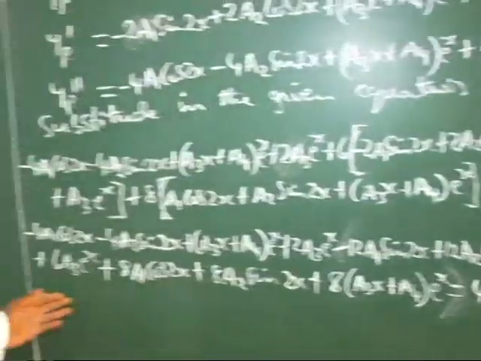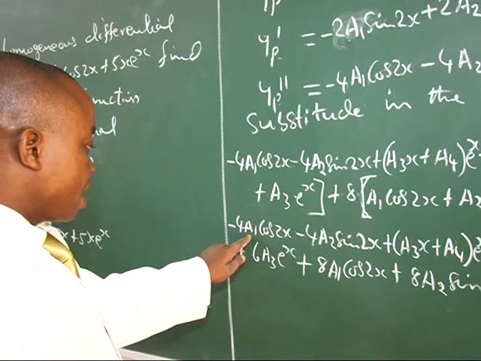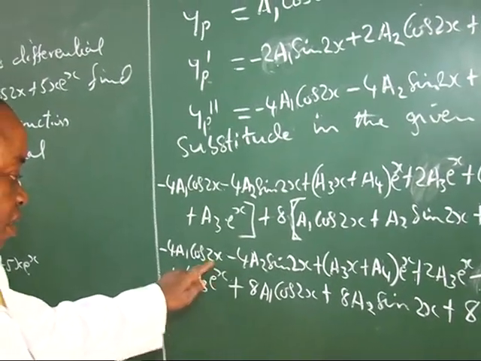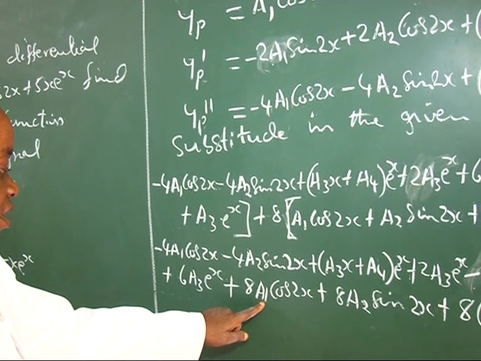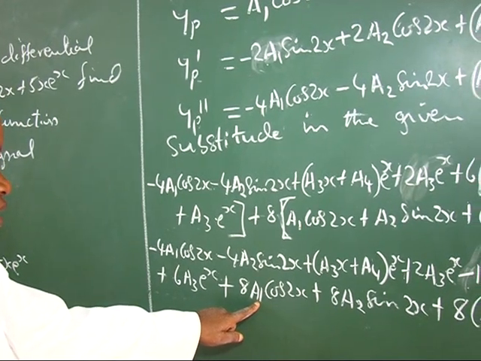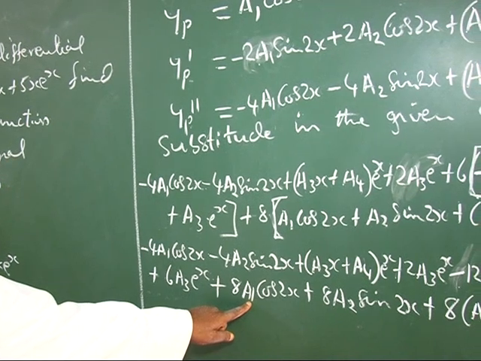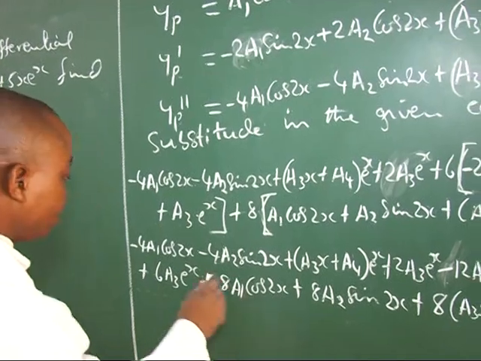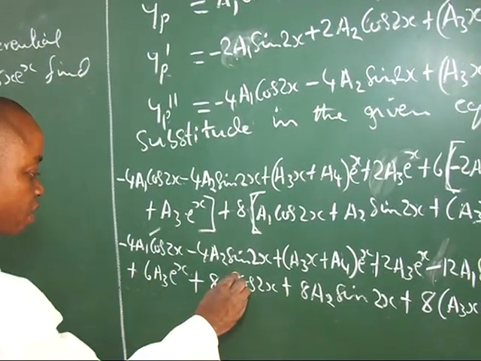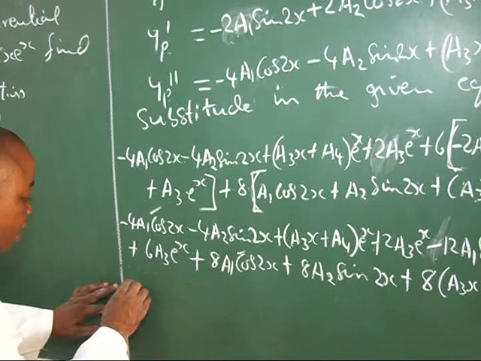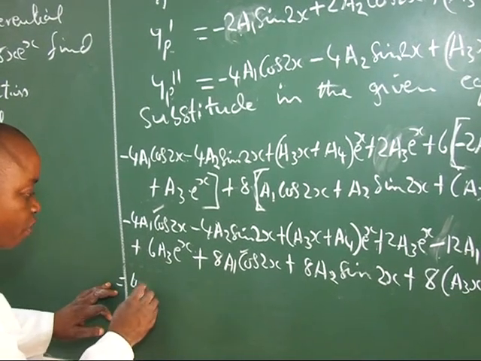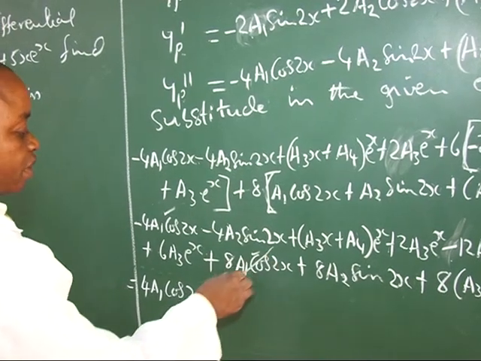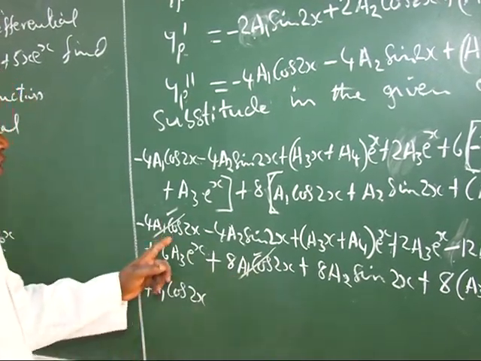Alright, and we want to collect like terms. We have cos here, a1 cos 2x. We also have another one here, 8a1 cos 2x. So what we have here is this one and this one, and then we write that this is equal to 4a1 cos 2x. So we have been able to deal with this one.